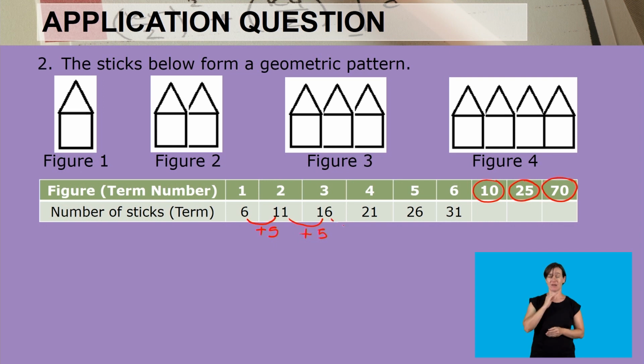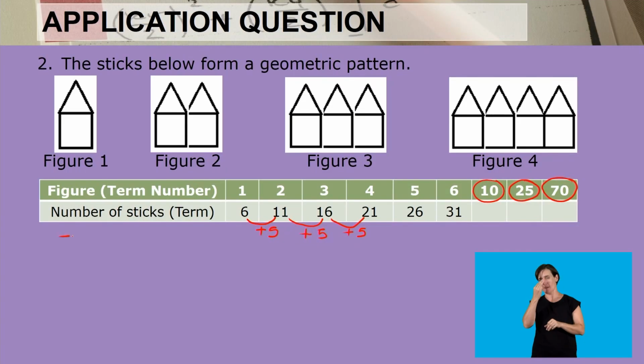And from the third term to the fourth term, we add 5. What is this plus 5 here? Yes, you remembered well, this is the constant difference. There is a constant difference being added to these numbers so that we can get the next number of sticks in the next figure.